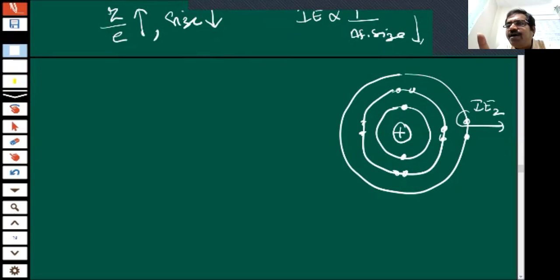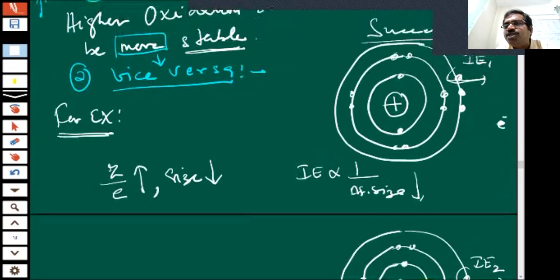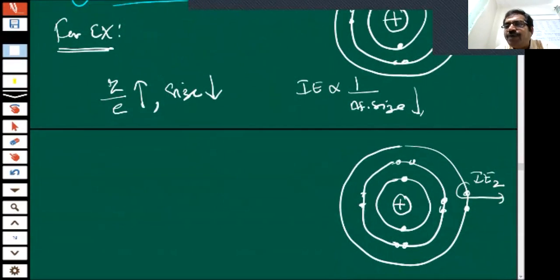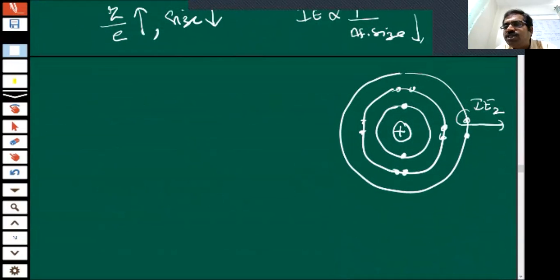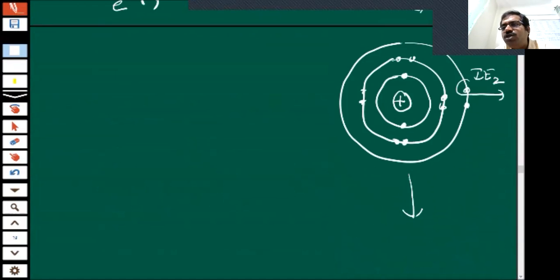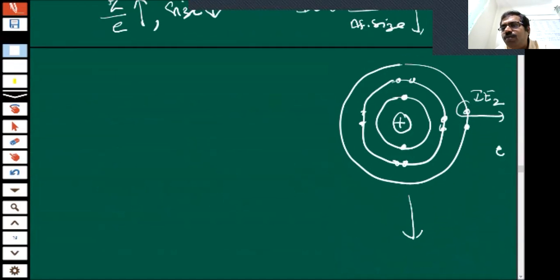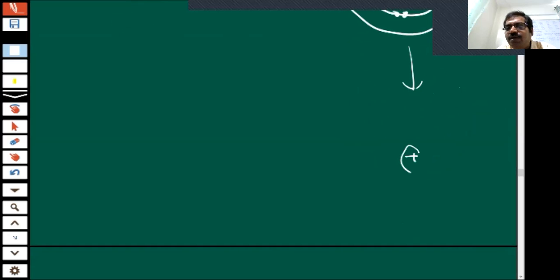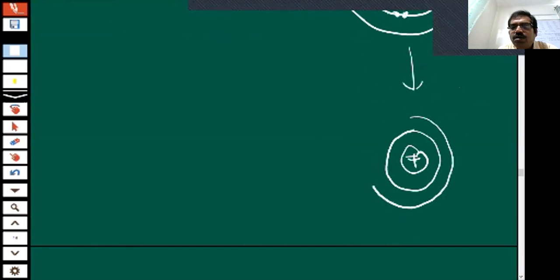In the same atom, if you have removed the first electron, it is known as IE1. After that, if you are trying to remove the second electron, it will be known as IE2. And again, when you have removed this electron also, then what will be the condition? This is the nucleus, this is the first orbit. Al plus 2.